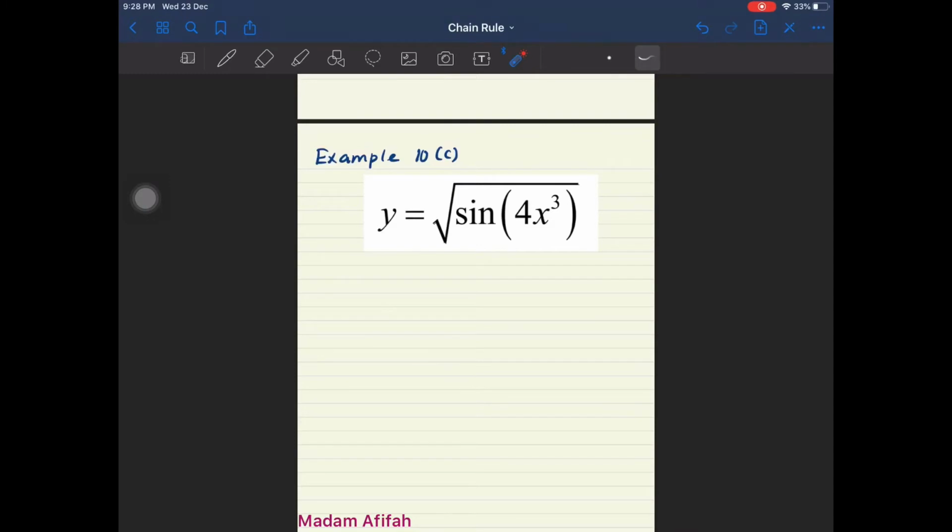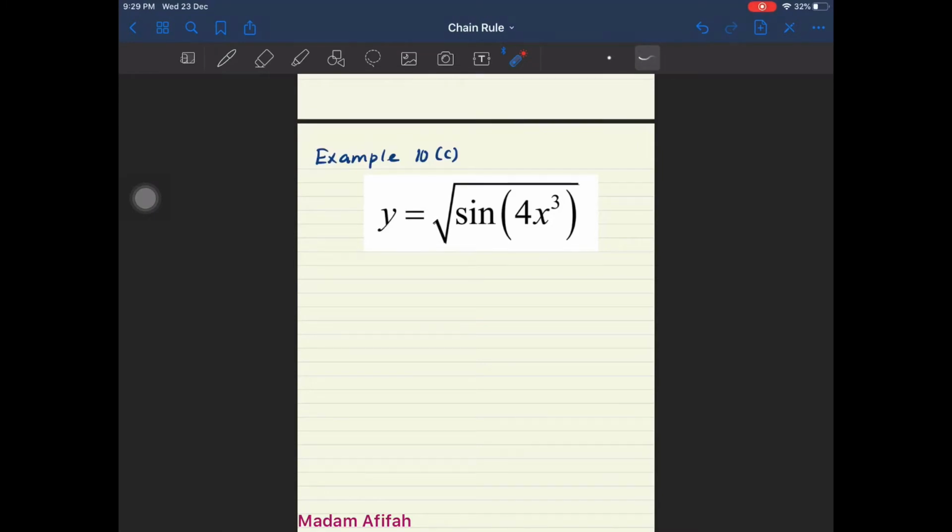If you let u equal to something, and when you apply the chain rule the function becomes more complicated, then the u that you chose might be wrong. Remember, we apply a technique of differentiation because we want to reduce the difficulty of differentiating that function. When we apply the technique, then we can differentiate that function easily.